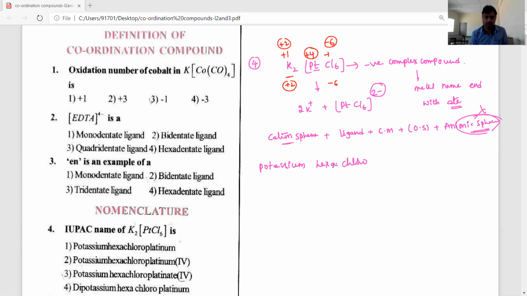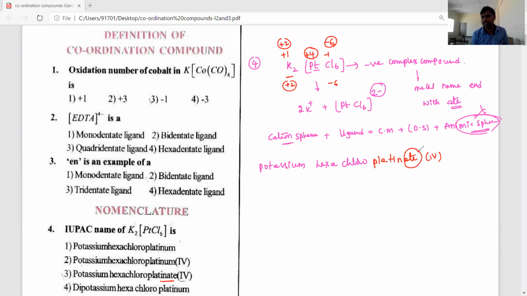Now its name is potassium hexachloroplatinate, platinate(IV). Potassium hexachloroplatinate, ATE.